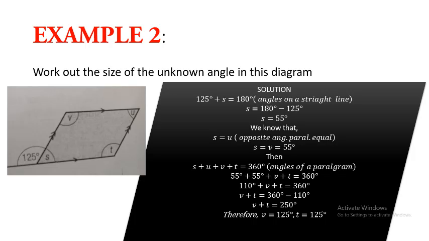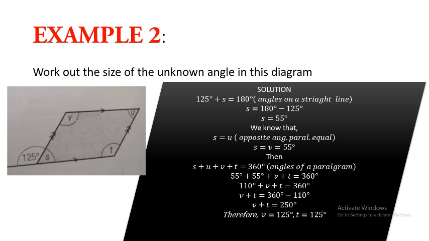So this 250 degrees is the size of two angles, namely V and T. And let's see V and T. These angles are opposite to each other. V is opposite to T, or T is opposite to V. So the property says opposite angles of a parallelogram are equal. Therefore, V is equal to T. Now, this 250 degrees is the size of two angles.